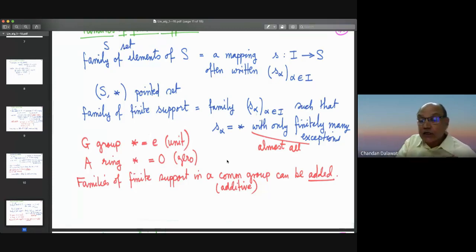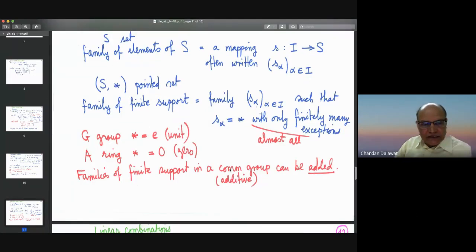But you might have infinitely many elements, but only finitely many of them are different from 0. Then, of course, I can take the sum of these infinitely many elements. It's just the sum of those finitely many ones which are different from 0. So that's a very general concept.